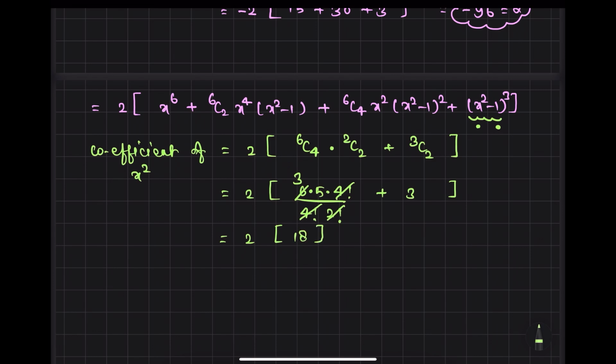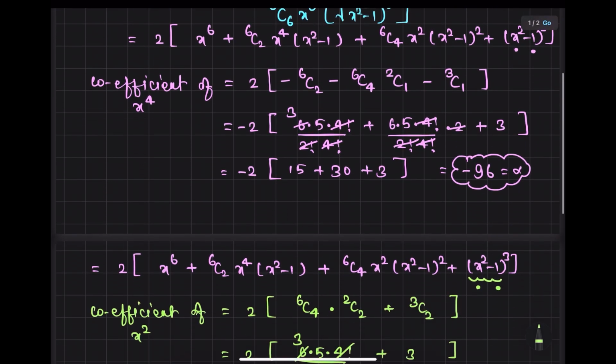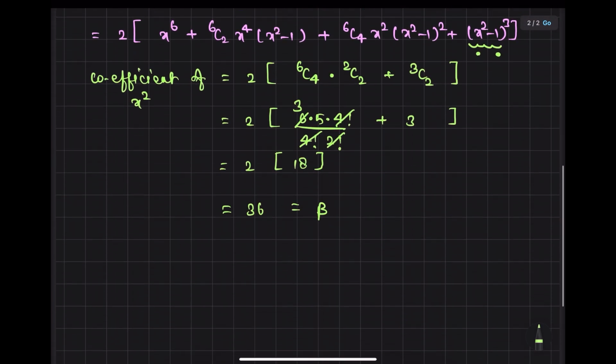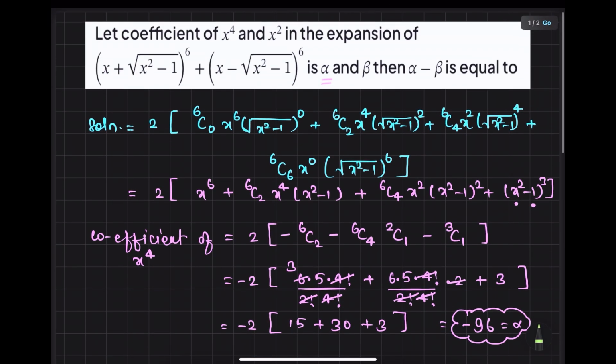So if it is 18, it is 36. And who is this? This is beta. Correct? So you got your alpha as minus 96. So the required value is minus 96 minus 36, so it is minus 132. Okay. I hope the idea is clear.